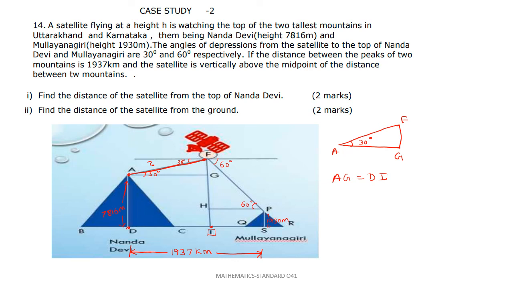We know DS is 1937, so DI will be 1937 divided by 2. This part is 1937 divided by 2. So same thing will be our AG also. Okay, so AG is 1937 divided by 2.